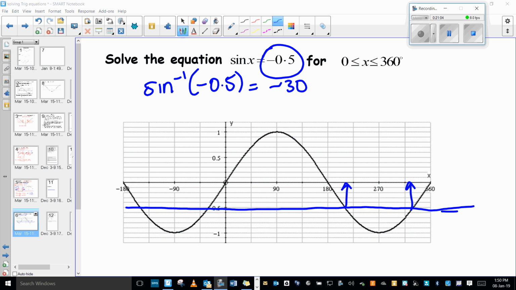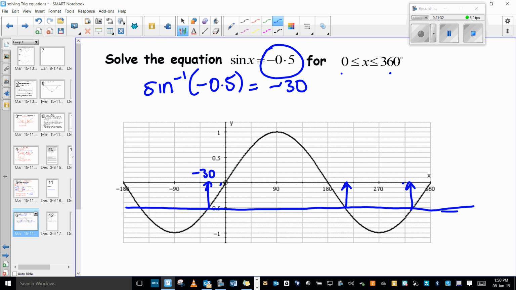So we are looking for these two solutions, because we're looking between 0 and 360. But the calculator's told us it's negative 30. The reason that it does that is that the calculator will always give you the value closest to the y-axis, or the closest value to 0. So this bit here is negative 30.